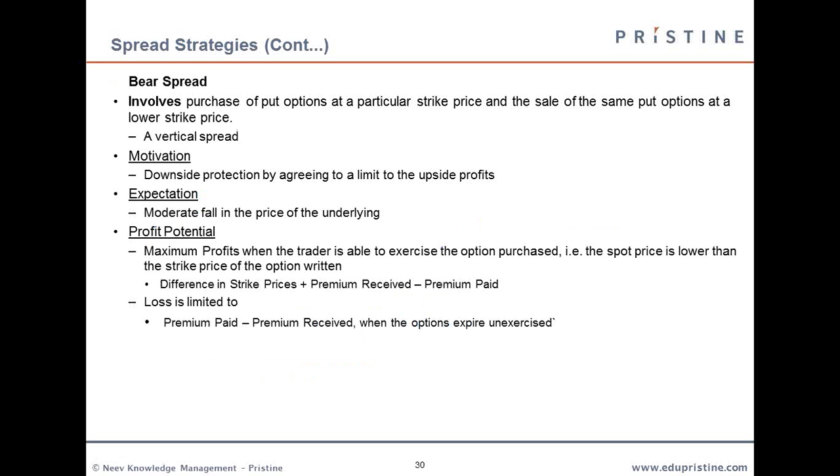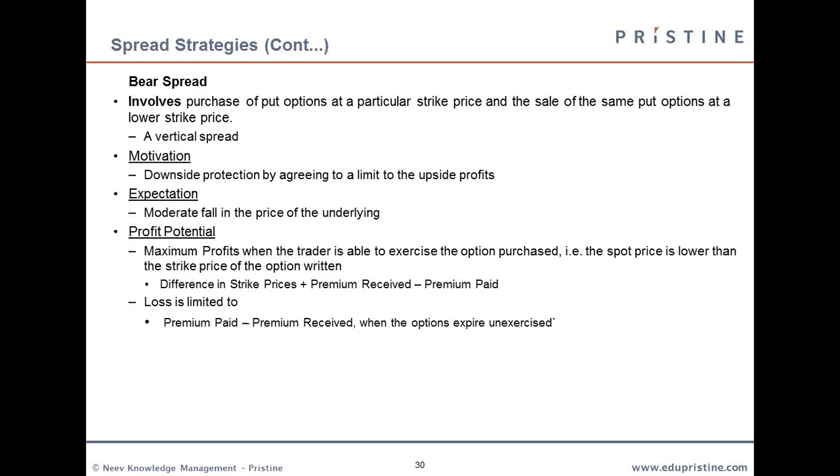The bear spread is exactly opposite to this. In a bear spread, we believe that the price of the stock will go down. So how do we protect this? We can do it using call options or put options again. Using put options, we purchase the put option with a higher strike price and sell the put option with a lower strike price.